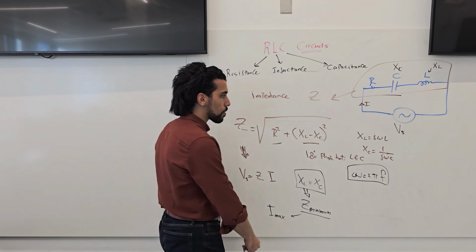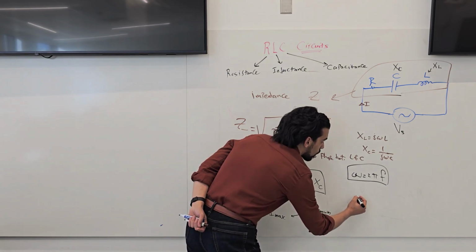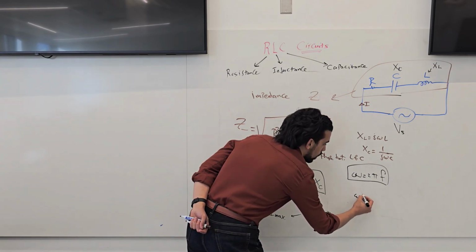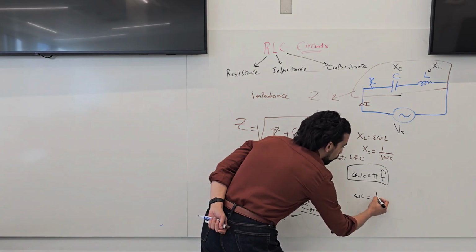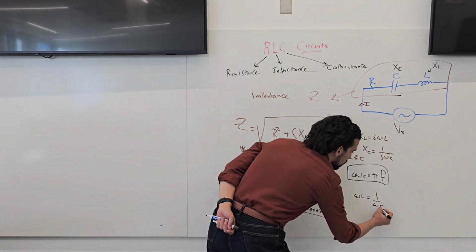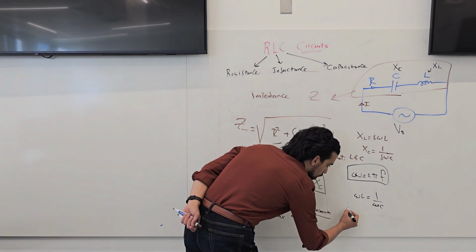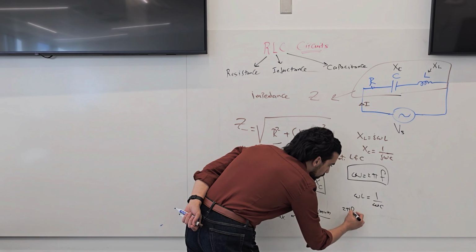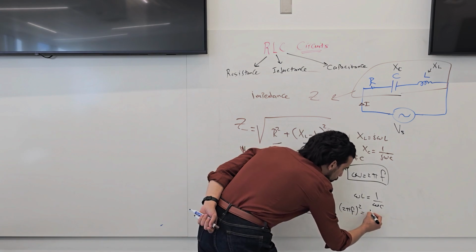So basically, to do this one, it's simple. We can do that. Omega L is equal to 1 over omega C, which basically says that (2 pi F) squared is equal to 1 over LC.